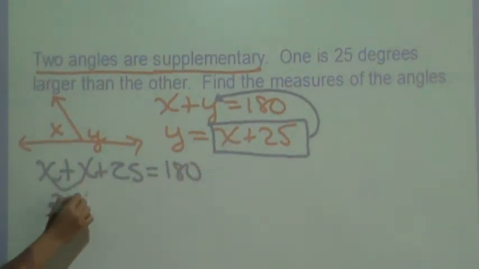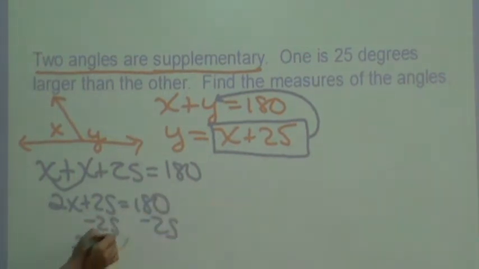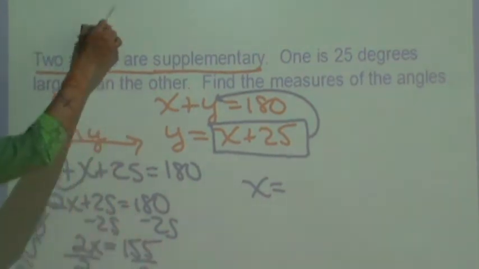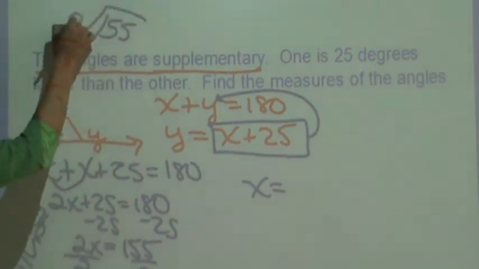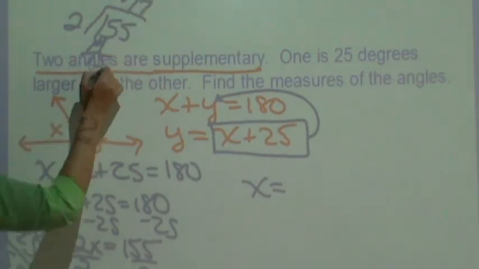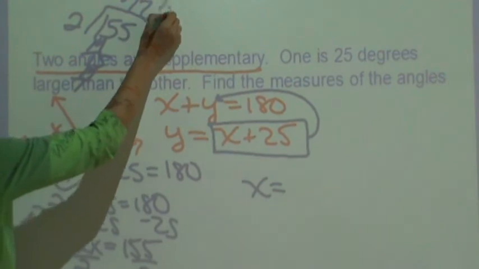We can combine our like terms, 180, if you need a side of your paper, use a side of your paper. Okay, so 155, and I'm going to divide by 2. So 155 divided by 2, 7 is 14, 1 is 15, 7 is 14, 1 and a half, so 77.5.